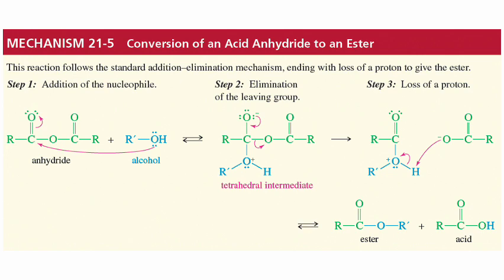In the course of this mechanism, we've broken the anhydride apart, and we've added an OH group and an OR group. When we broke the anhydride apart, half of it got the H and half of it got the OR. So we created an ester and a carboxylic acid. But the mechanism, the way that we got there, is exactly the same as if I had started with an acid chloride. The only difference is that we generate that carboxylate leaving group, and so it could potentially serve as a base.